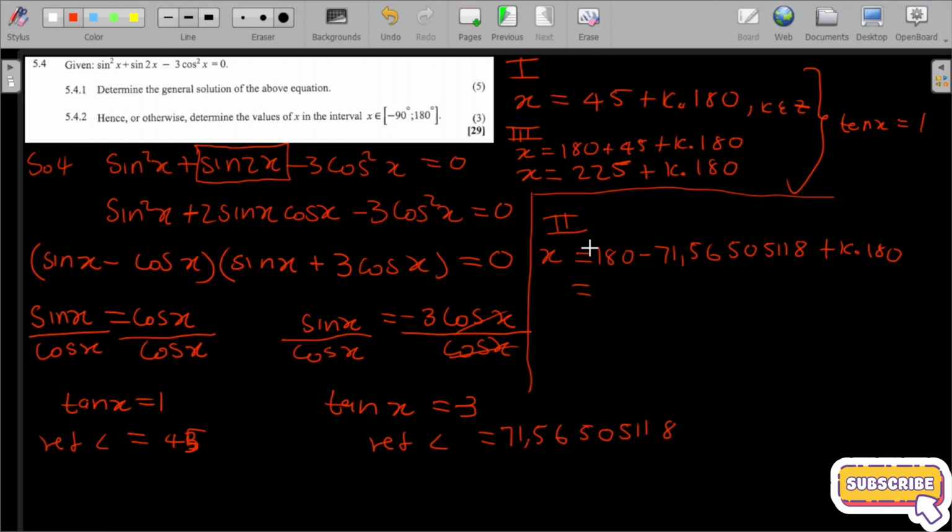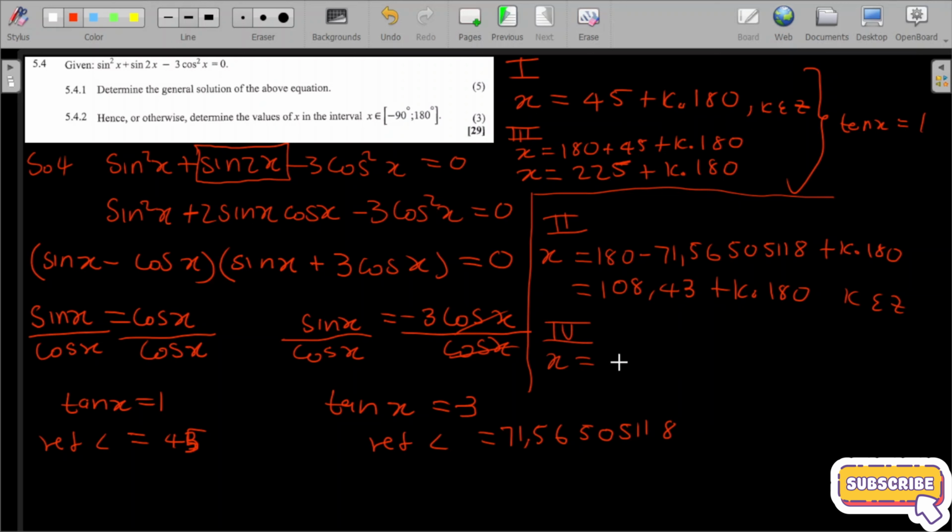Now it's going to be 180 minus this number here, which is going to give me 108.43, and then plus k times 180. Remember, k is an element of the integers. Another quadrant where we get tan negative is the fourth quadrant.